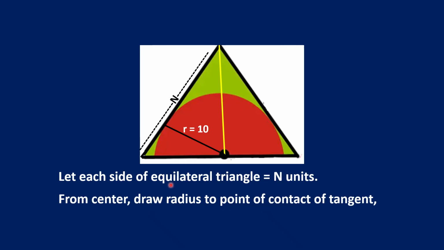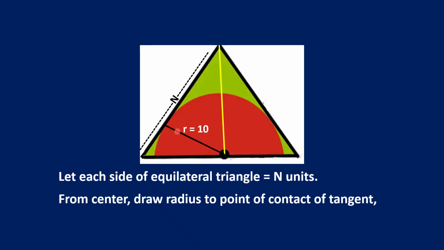Let each side be equal to n units. Capital N is the length of each side of the triangle. From the center, draw a radius to the point of contact of the tangent. The side of the triangle is the tangent to this semicircle. So we join the center and the point of contact.